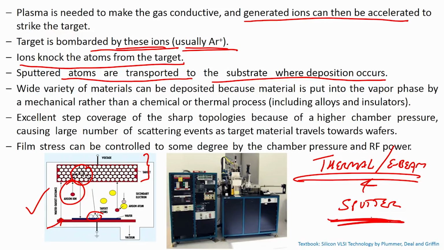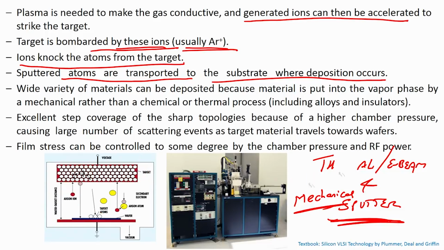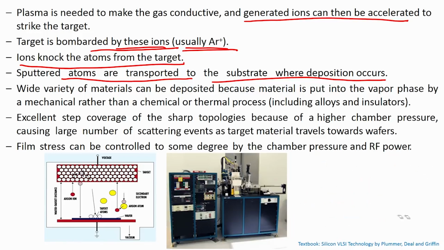In sputtering, we are actually dislodging the atoms from the target. When we are dislodging the atoms in this particular fashion, it is the mechanical way of dislodging the atoms, and that is why this is also called a mechanical way of depositing the film.